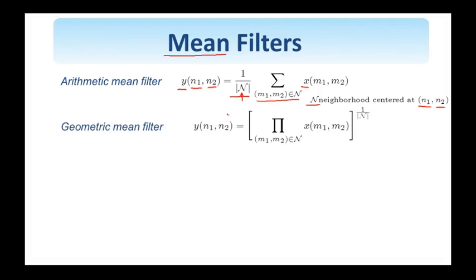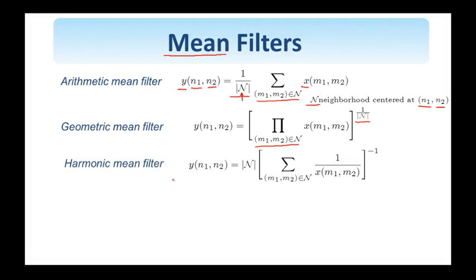The geometric mean filter finds the geometric mean of a set of numbers, so it takes the samples in the neighborhood and multiplies them, and then this is the nth root, where again this is the number of pixels in the neighborhood. The geometric mean filter has performance comparable to the mean, but by and large tends to lose less detail in the process.